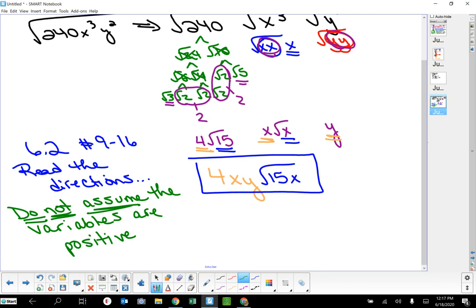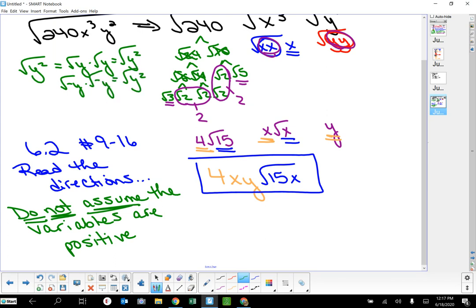So if that's in there, here's the deal. If you have, let's say, the root of y squared, you don't know if that's a positive y times a positive y to give you a y squared, or if it's a negative y times a negative y. Both of those equal y squared.